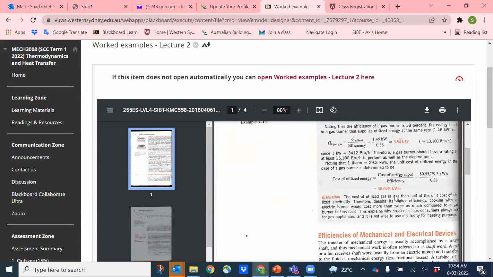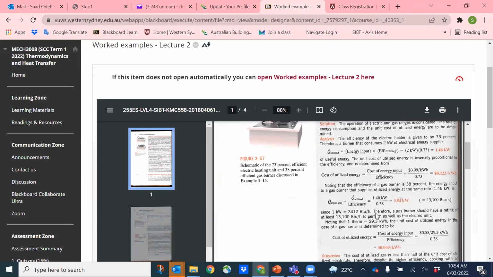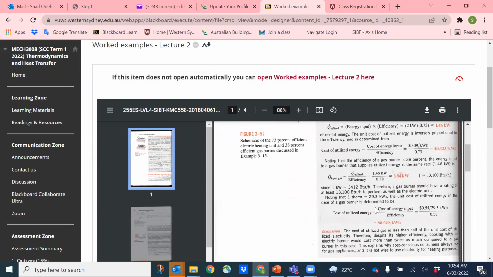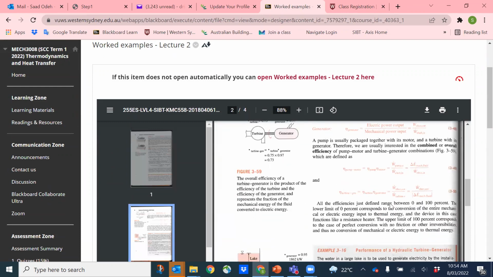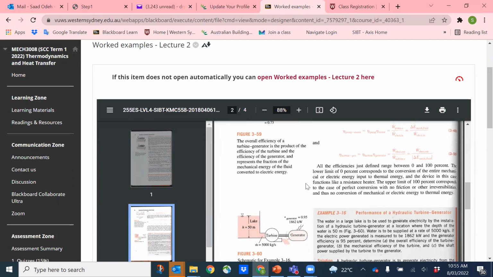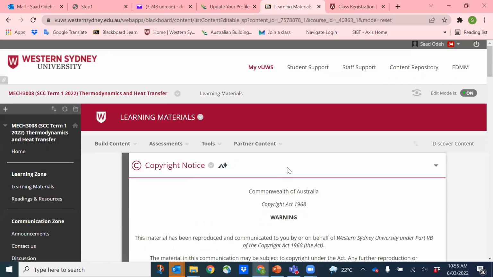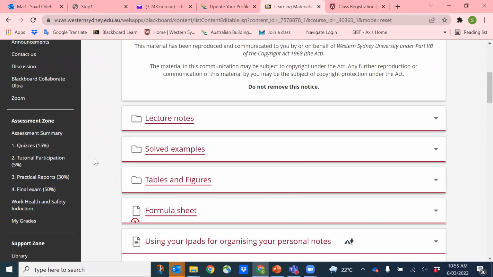Try to do some exercises or just follow the solution here to understand how they solve these examples. And probably some of them will be similar to the quiz or exam, right? So that's in brief where to find your information.